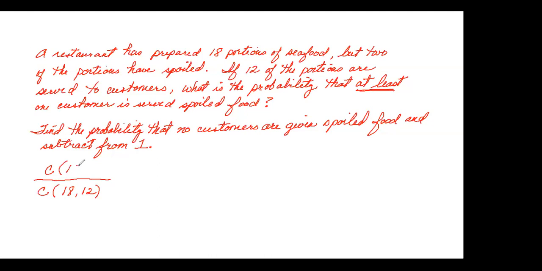So we've got 16 that are not spoiled, and we're going to choose 12 of those. So we're not calculating the probability that we will choose the 2 that are spoiled. We're calculating that we will choose from the 16 that are not spoiled. Once again, these numbers match. This is from the total sample size, and then this number would be from the ones that we're looking for.